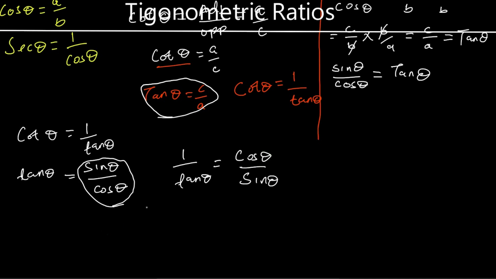And therefore, we can also say cot theta is equal to cos theta divided by sine theta.